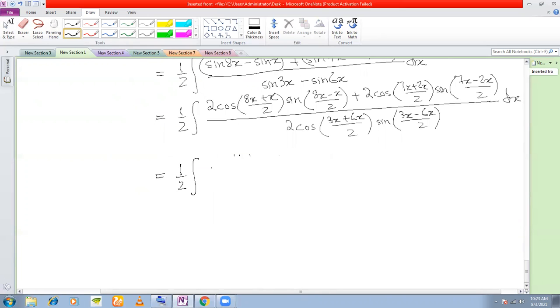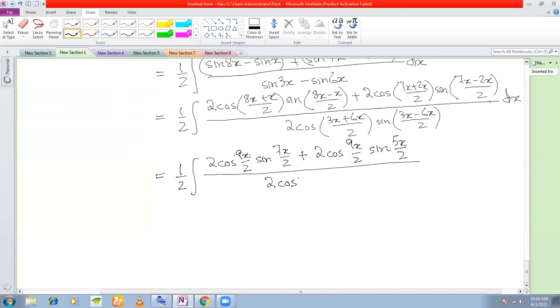Now simplify this. 2 cos 9x by 2 sine 7x by 2 plus 2 cos, again you get 9x by 2, and here you get sine 7x minus 2 is 5x by 2, divided by, and the denominator you have 2 cos 9x by 2 sine of minus 3x by 2.